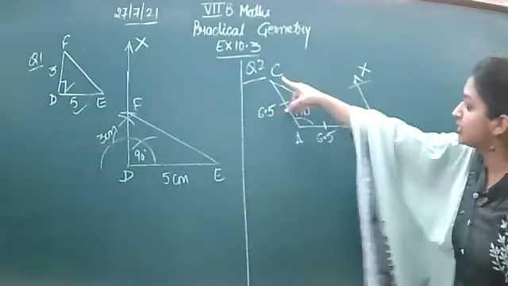And the name is C. So you will mark the arc from A of 6.5 and you will join them. This will be your required triangle ABC, which is isosceles. AB is 6.5 centimeters.